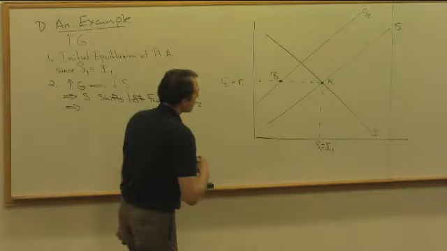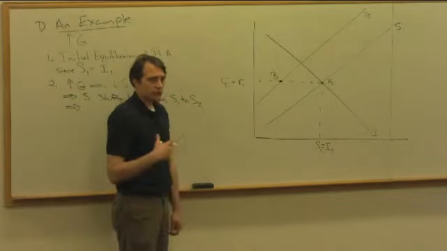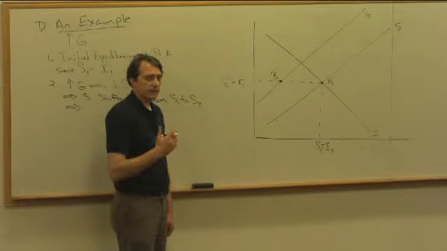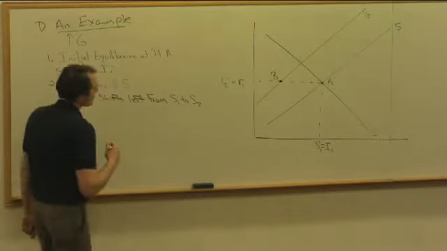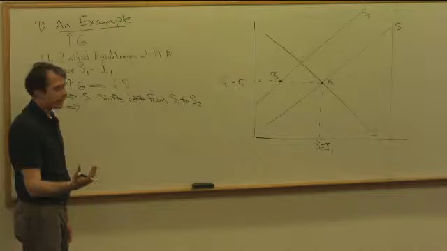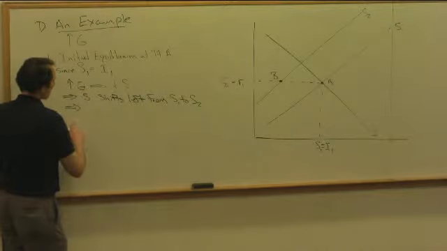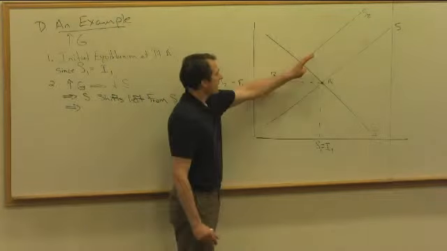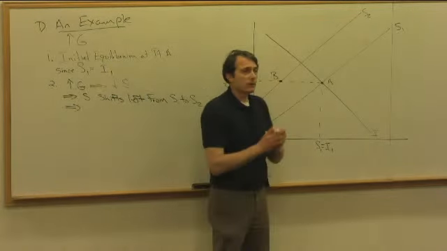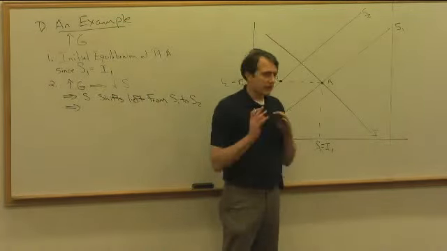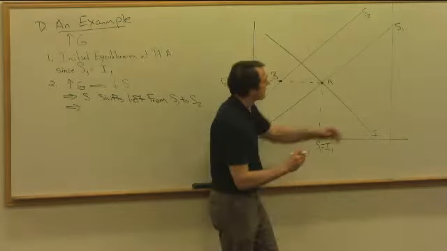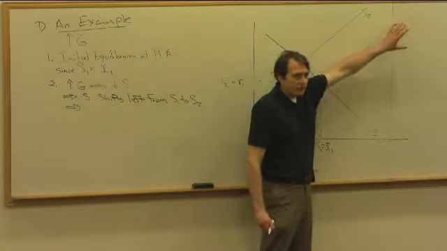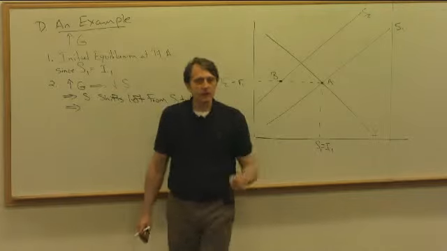Well, to know whether there's a shortage or surplus, you have to be able to find quantity demanded and quantity supplied. So let's find the new quantity supplied of loanable funds. If the real interest rate is R2 and the national savings curve shifts to the left, remember, once government spending goes up and the national savings curve shifts left, the initial one, S1, ceases to be relevant. It's almost like it doesn't exist anymore.